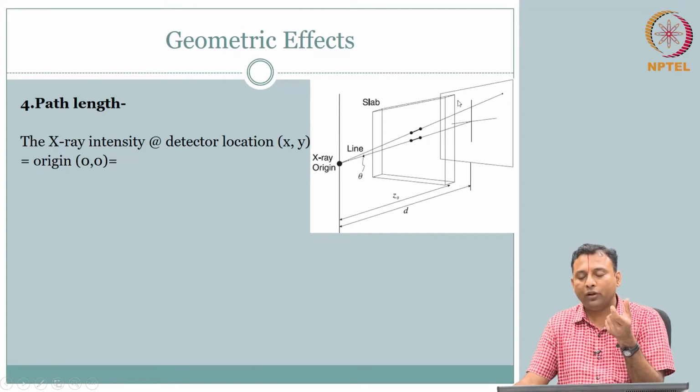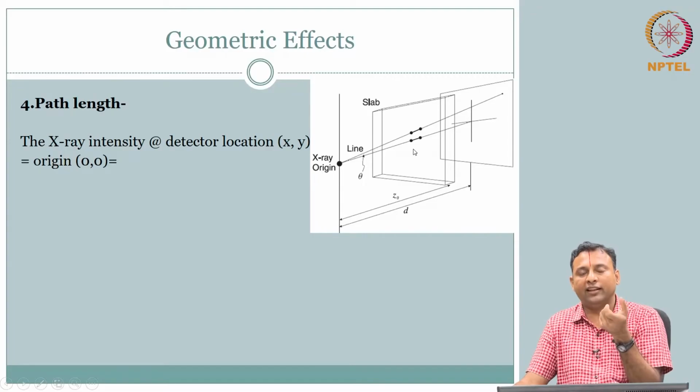Whereas what is going to happen at the detector point here? That would have come along a line that crosses a path in the slab that is not the shortest distance, not the thickness of the slab, but a path more than your thickness, because it is at an angle.